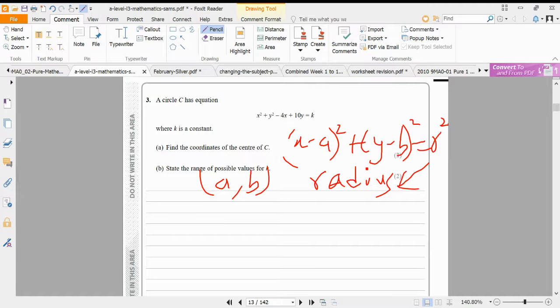of the circle. But when a question is given to you, you need to be very careful to understand and read in between the lines to know what exactly the examiner is asking you to do.